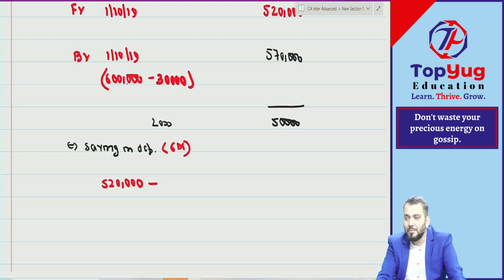5 lakh 70 you are all saying? See the previous question where we have taken RBM.